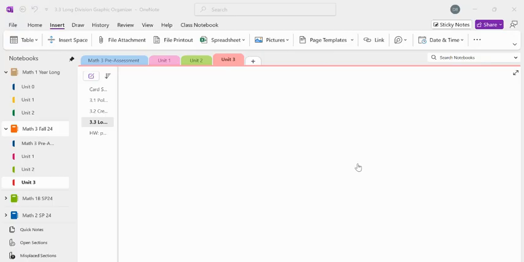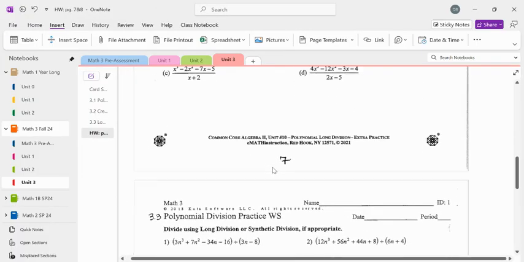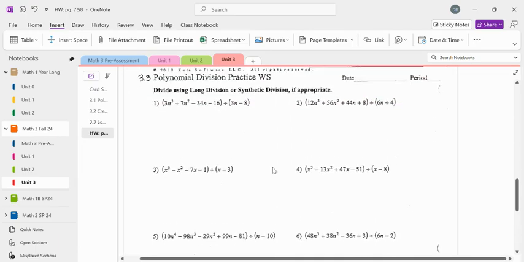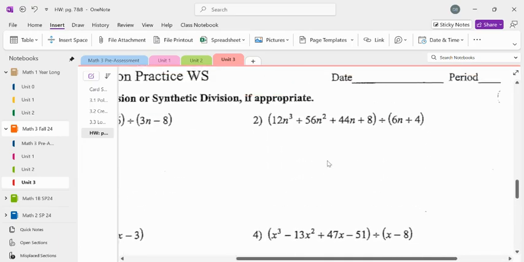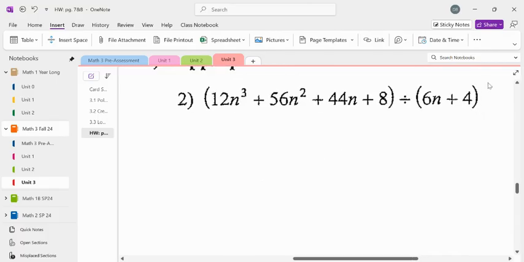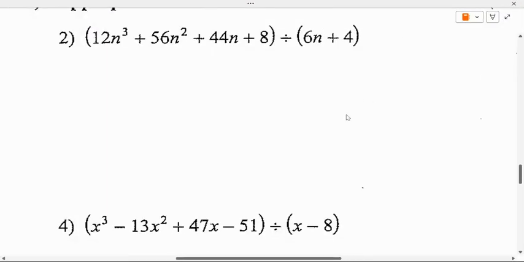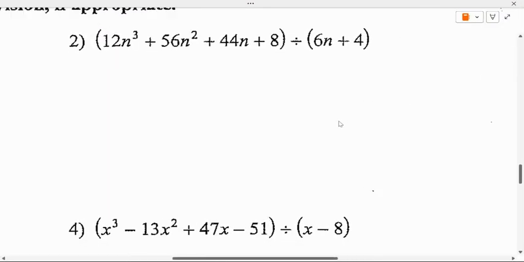Yes or no? Okay. So I'm going to keep recording. I'm going to do numbers 2, 4, and 6 with you. So on page 8, I'm going to do 2, 4, and 6 with you. I have to make it gigantic so I can write small enough. Okay. So we're just dividing. So I have 6n plus 4.